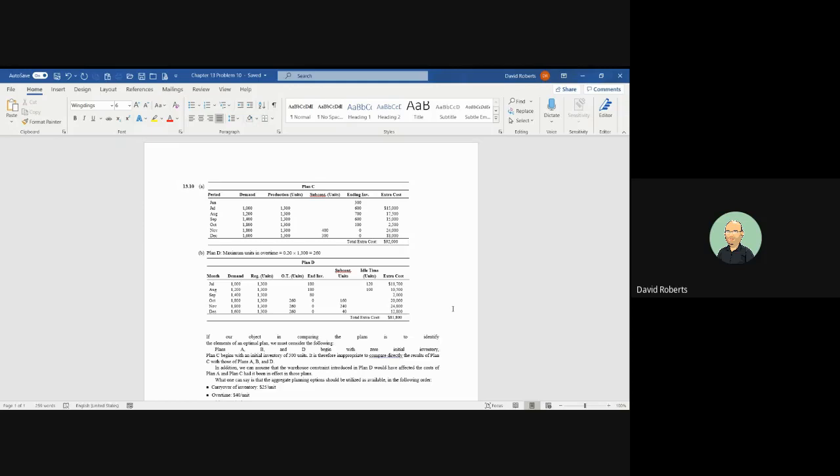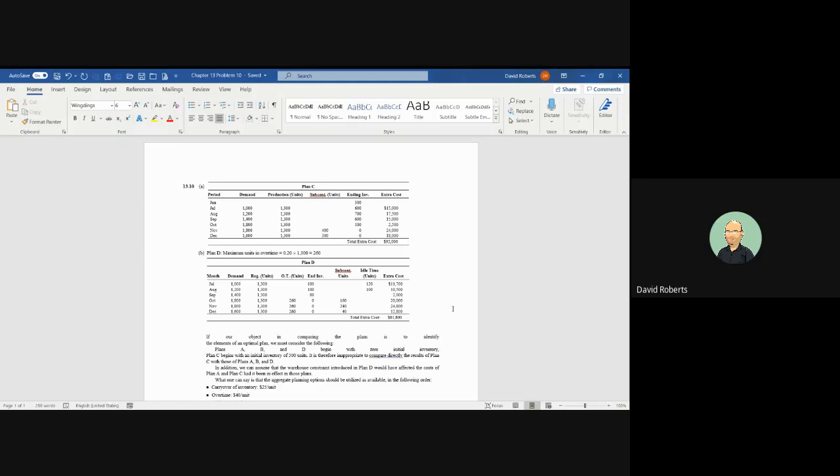You can see the extra costs that are given to you as calculated by the fact that the carrying costs are $25 per unit. We're not allowing stockouts in this particular case. And we also have the subcontracting given to us, which in this case is $60 per unit.